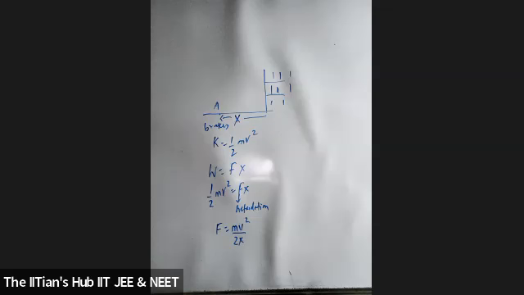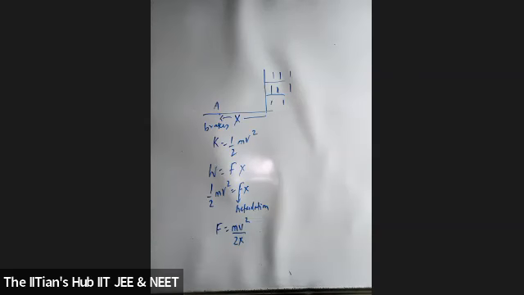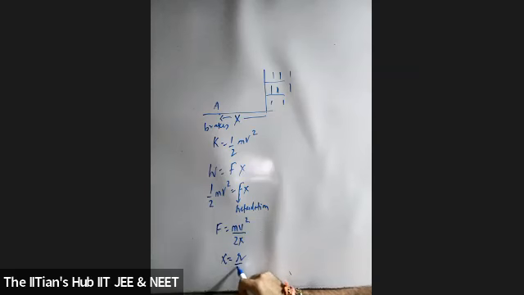This formula we'll use, and thus we get the radius r is equal to mv square upon F. So on equating these two equations, mv square upon 2F is equal to mv square upon F, we get x is equal to r by 2, sir. Okay, x is equal to R by 2.